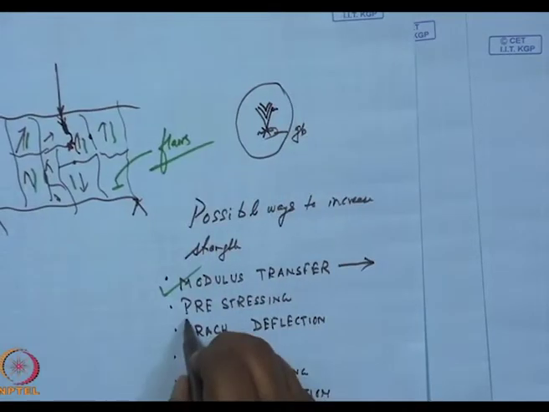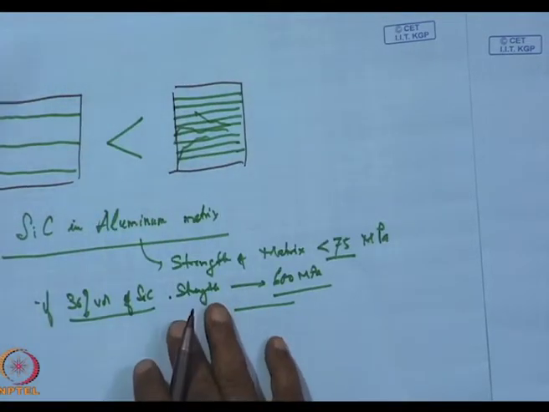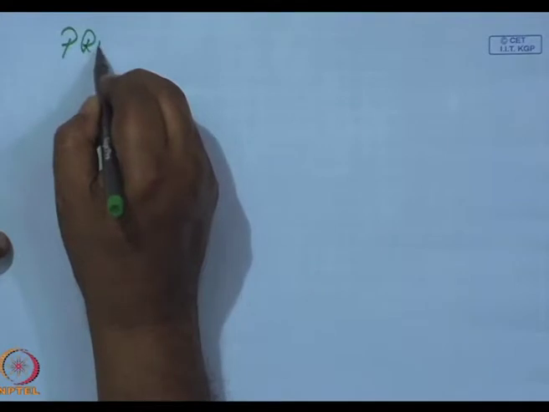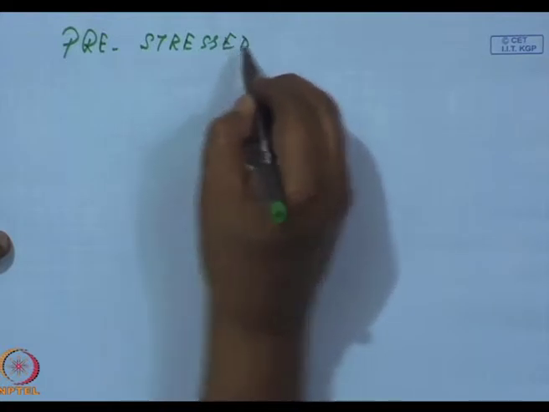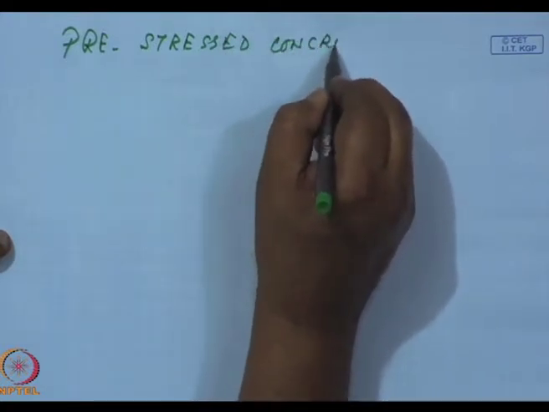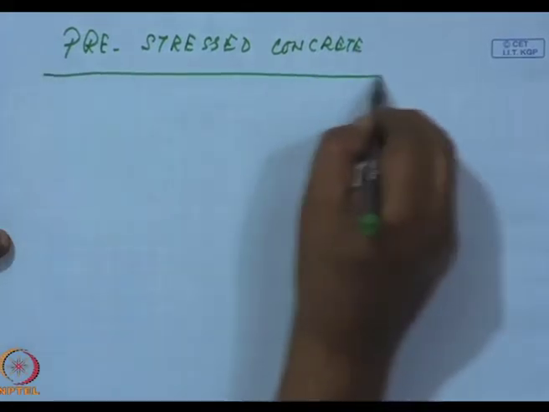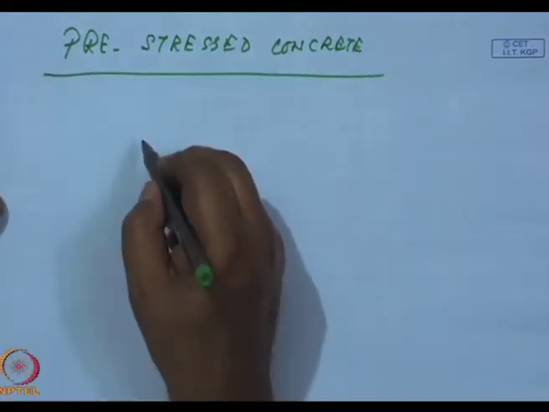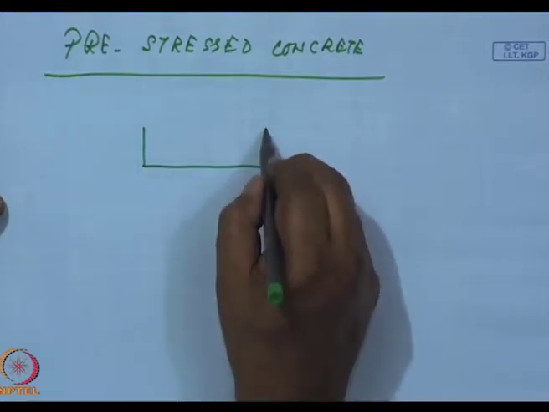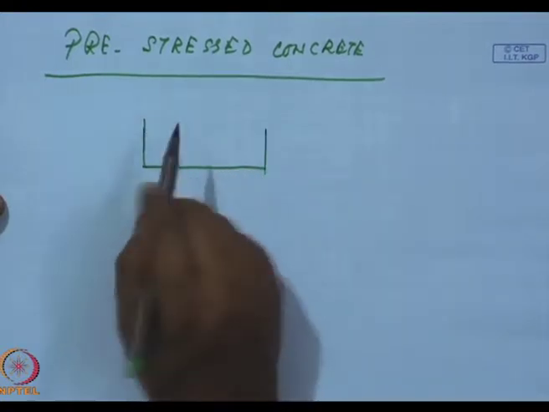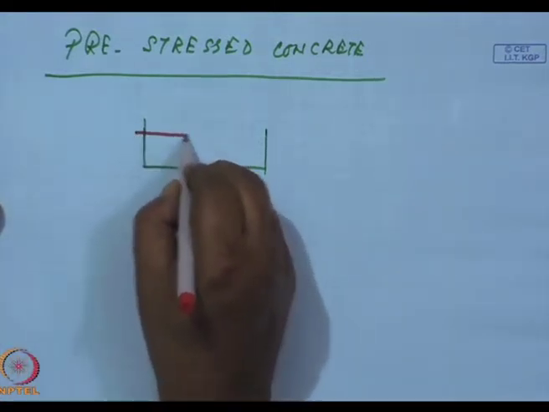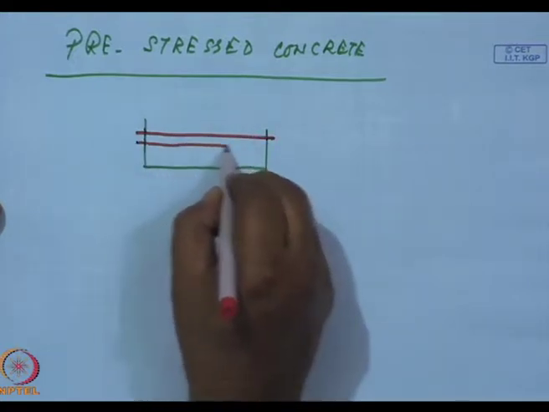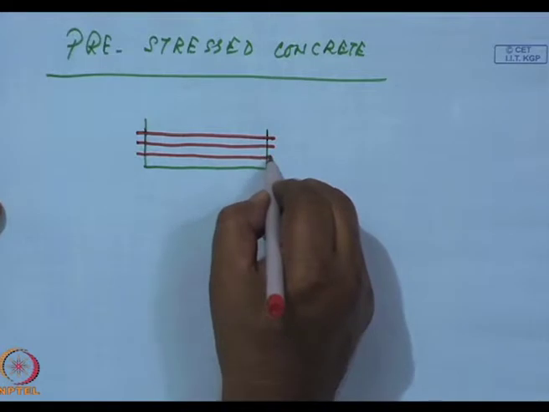The next one is pre-stressing. Now, this is obviously something many of you have seen, pre-stressed concrete. What do they do? They have this box where they will lay the concrete. The iron rods go across.